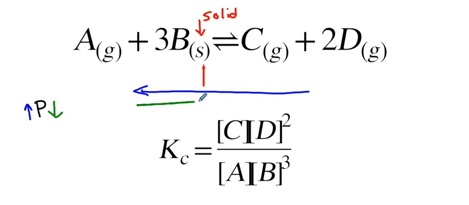So that will shift in this direction. How far it shifts depends on many other factors, but it will shift the equilibrium to the right. New rate of reaction established, equal forward and backwards. New concentrations, Kc unchanged.